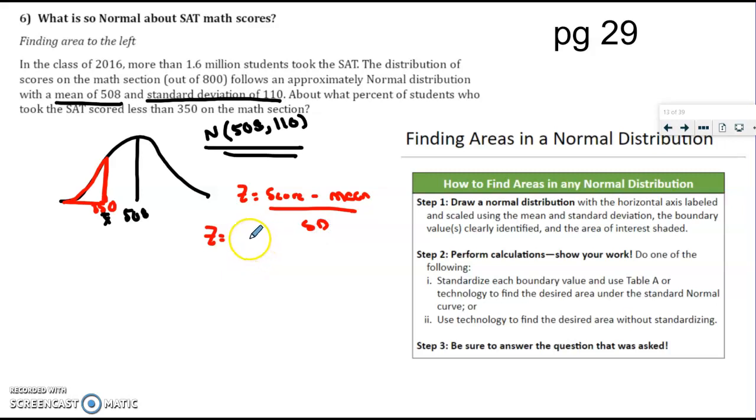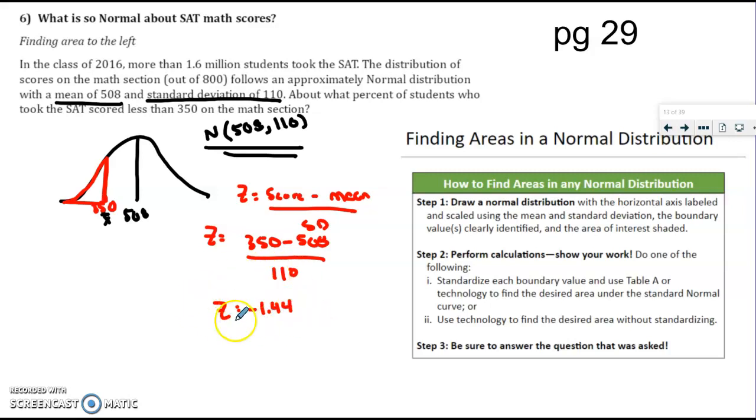So in this case, we're going to take 350 minus 508, and divide that by 110. As I do this calculation on my calculator, I get a z-score of approximately -1.44.